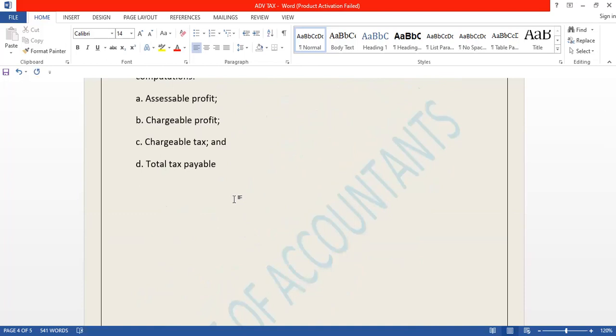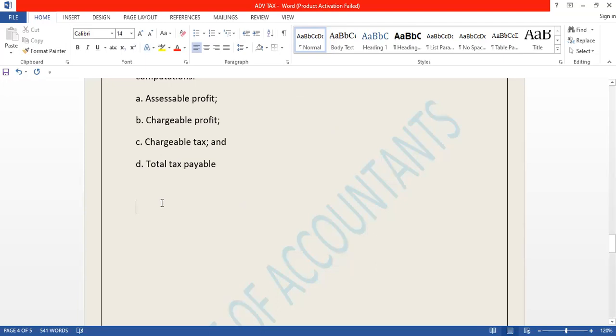So they do rotate it. If they test company income tax this year as a compulsory question, the next year they might change it to PPT. But there are some standard questions that always come as a 30 marks question, which is compulsory under this PPT.